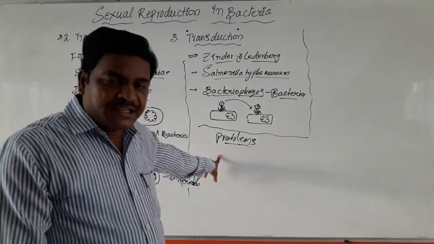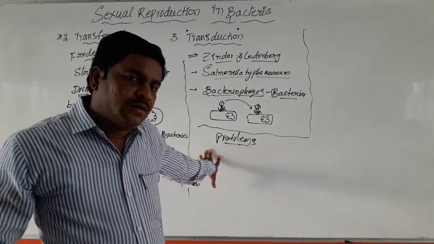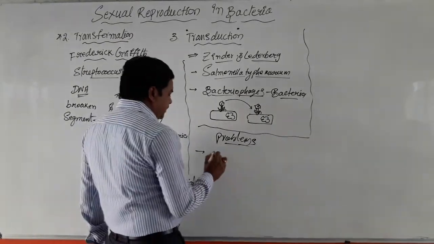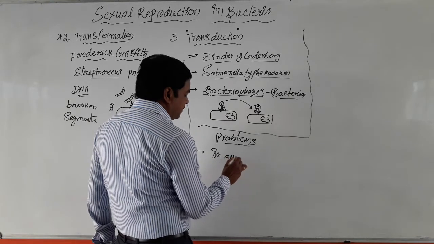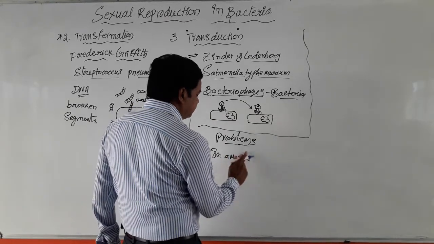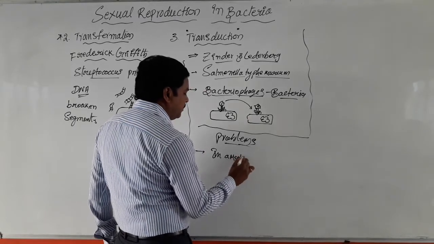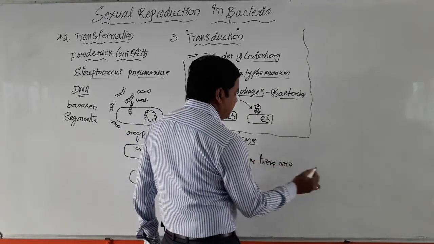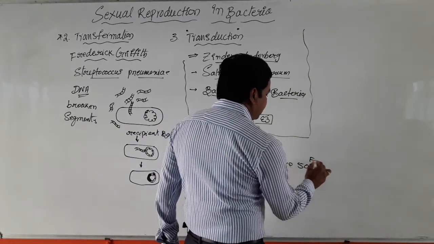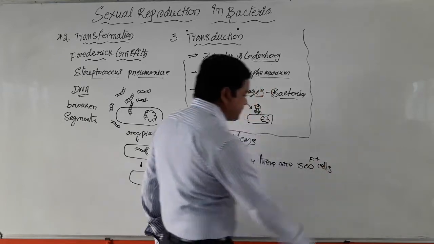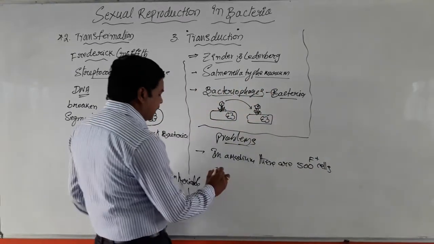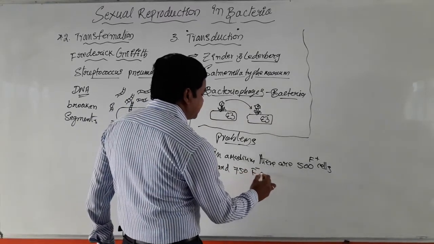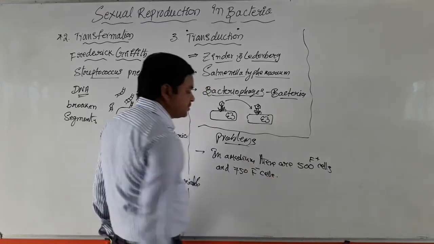First, coming to a symbolic example of a problem on conjugation. Very important: in a medium there are 500 F plus bacterial cells and 750 F minus bacterial cells.